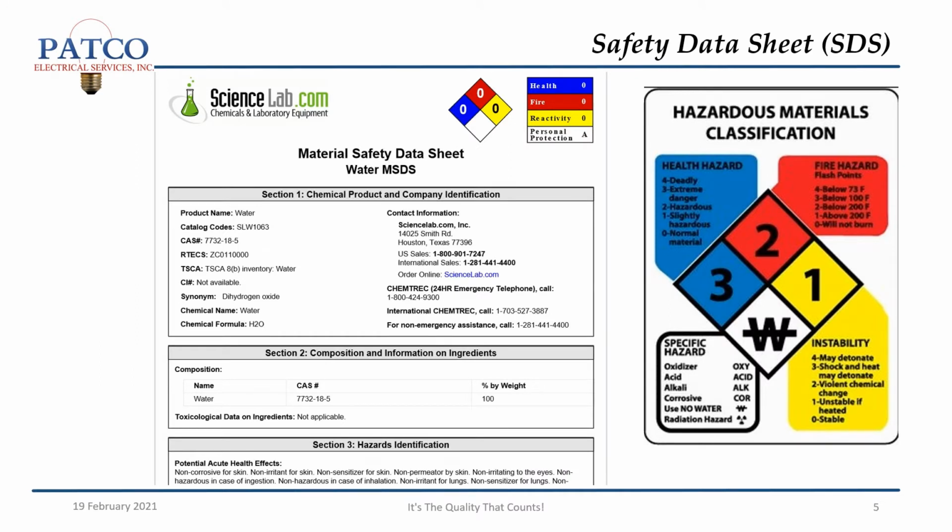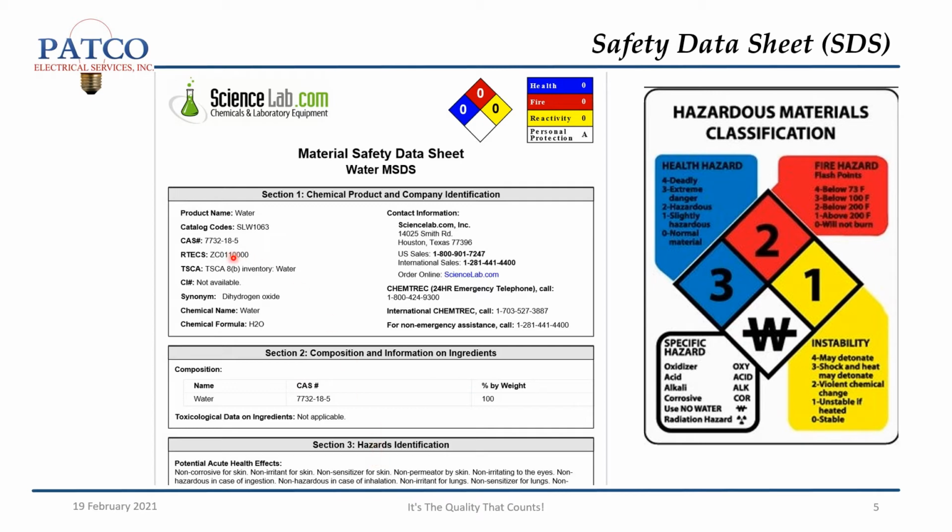So you see here we've got an example of an SDS, and this SDS is for water. Section 1 will have the chemical product and company identification, and then it just goes on. Section 2, Section 3.